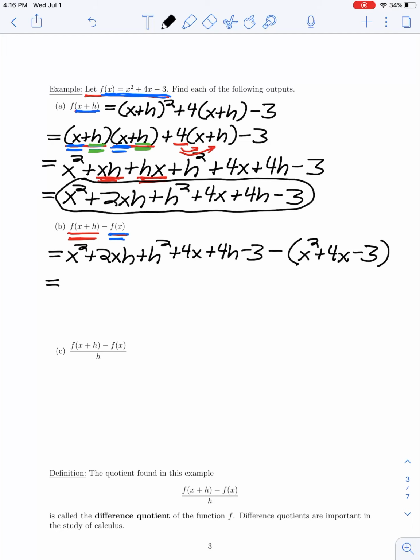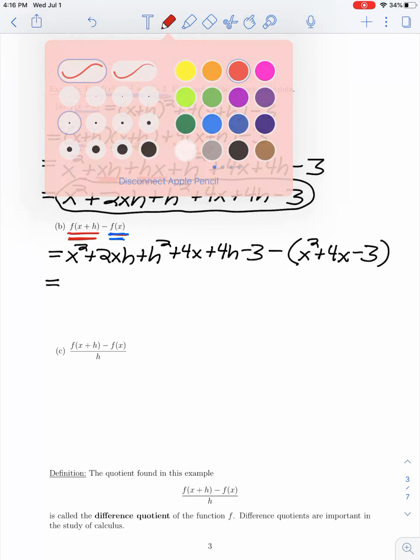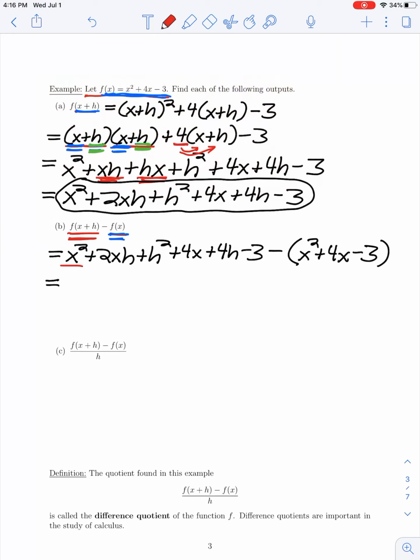So let's see what we're left with when we combine like terms. So here we're going to have an x squared and then minus x squared. So that x squared and minus x squared term will cancel. And let's see what else cancels. We have a 4x, and then I'm subtracting a 4x on the end.